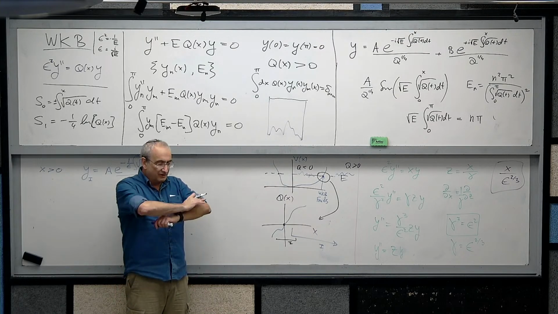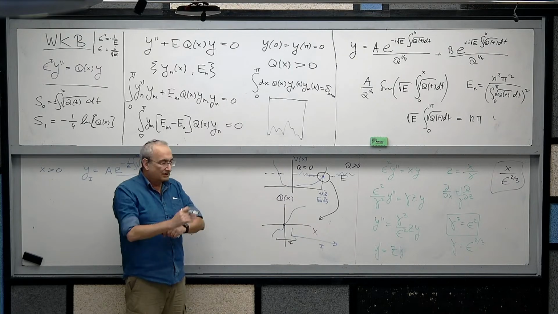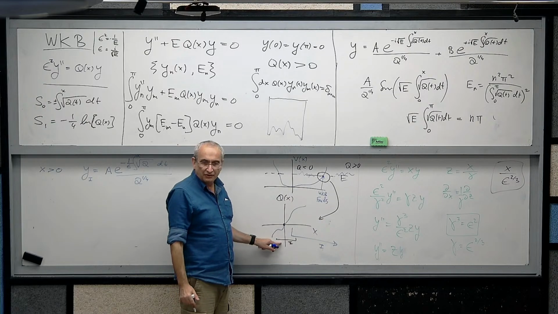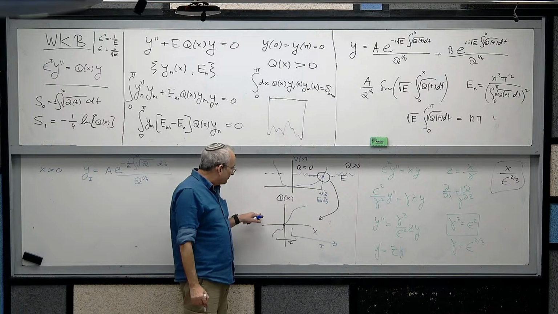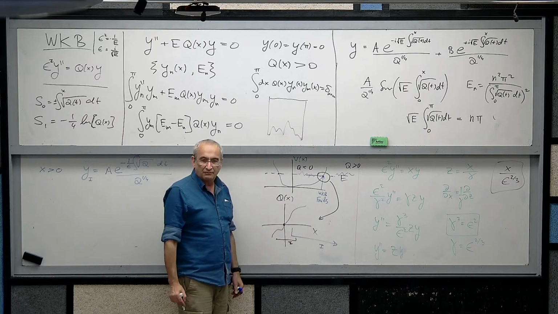No, but I should have an overlap region. For boundary layers you need matching, and for matching you need an overlap region. Now the question is, what can I do here? I cannot use WKB because I'm too close to 0, so I cannot jump from here to here. I have to find out what y is in region number 2.